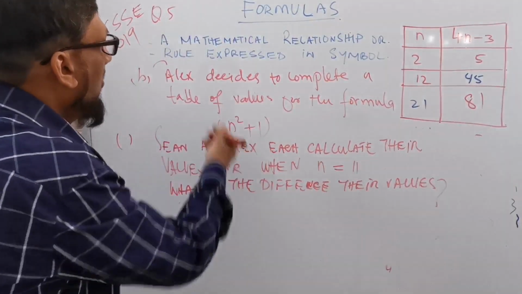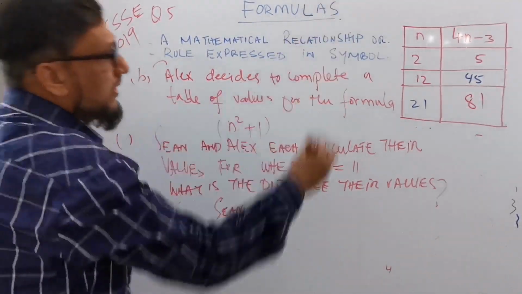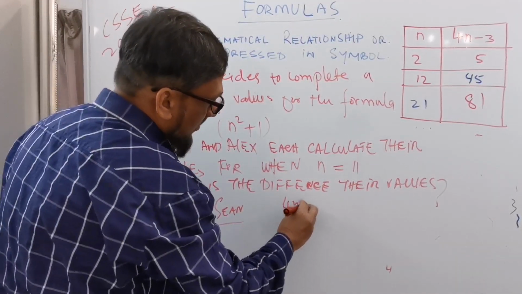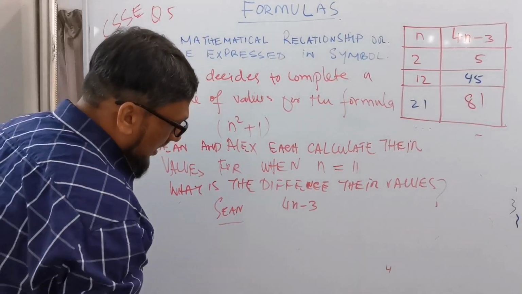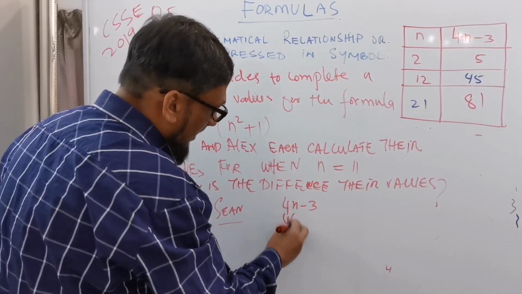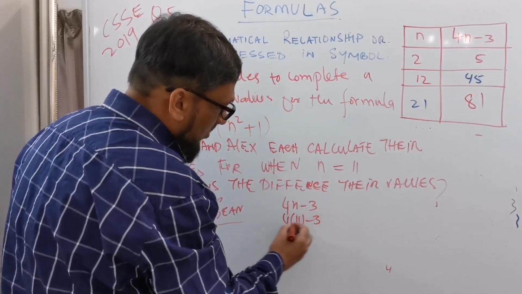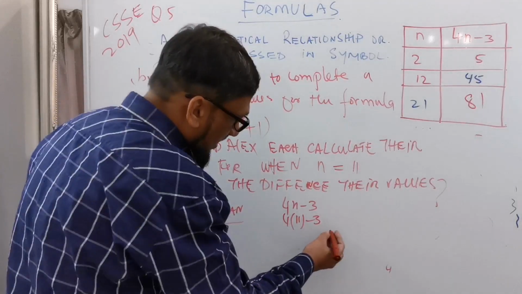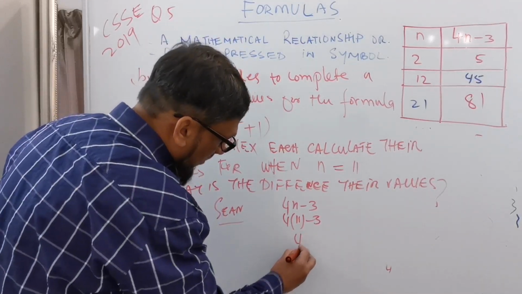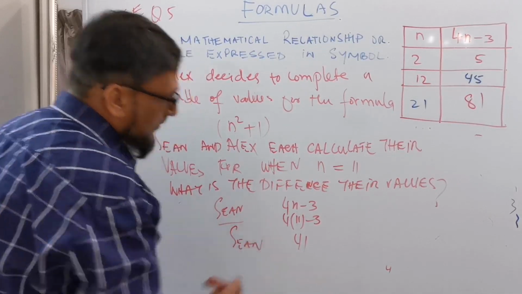Sean is using the formula 4n minus 3, so the value for Sean is 4 times 11 minus 3, which is 44 minus 3, so 41.